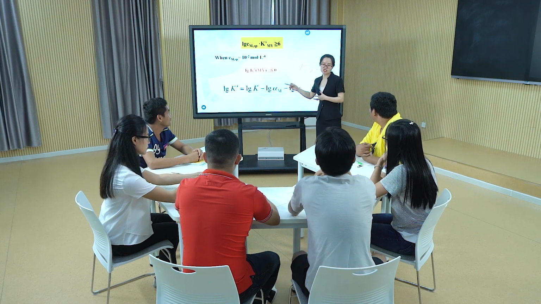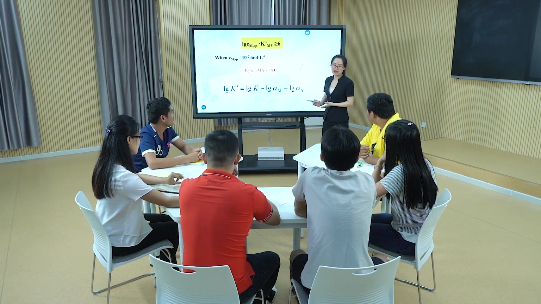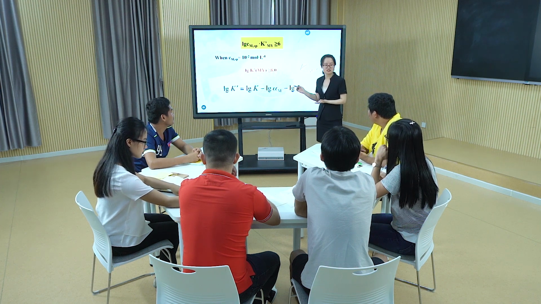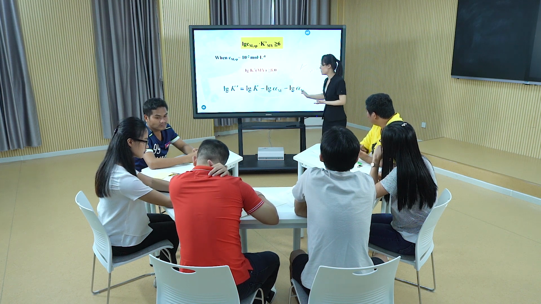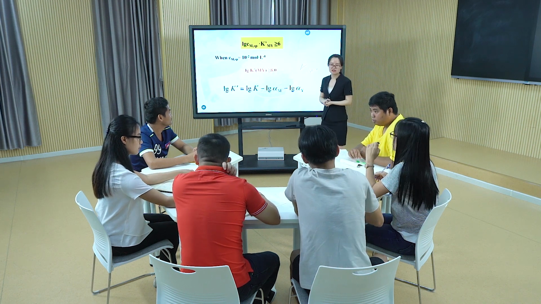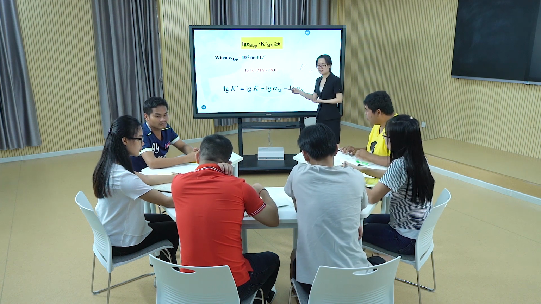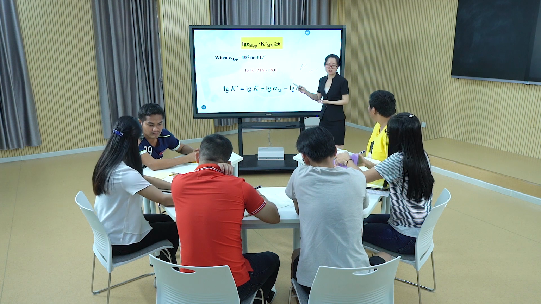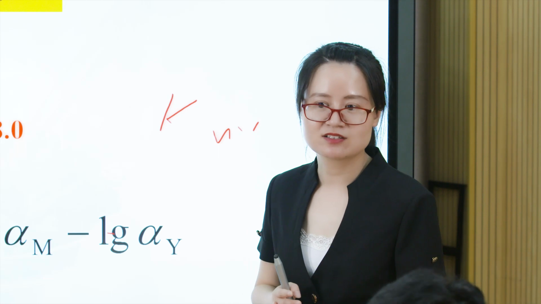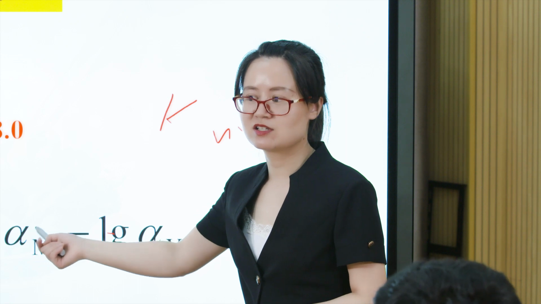Just now we talked about the side reactions, right? So alpha_M and alpha_Y must relate to side reactions. So here, alpha_M and alpha_Y are what? They are coefficients.